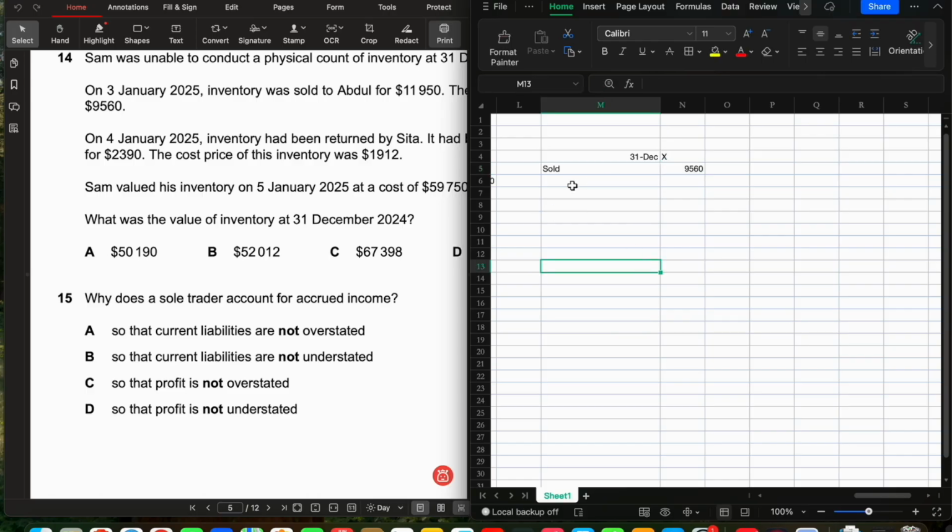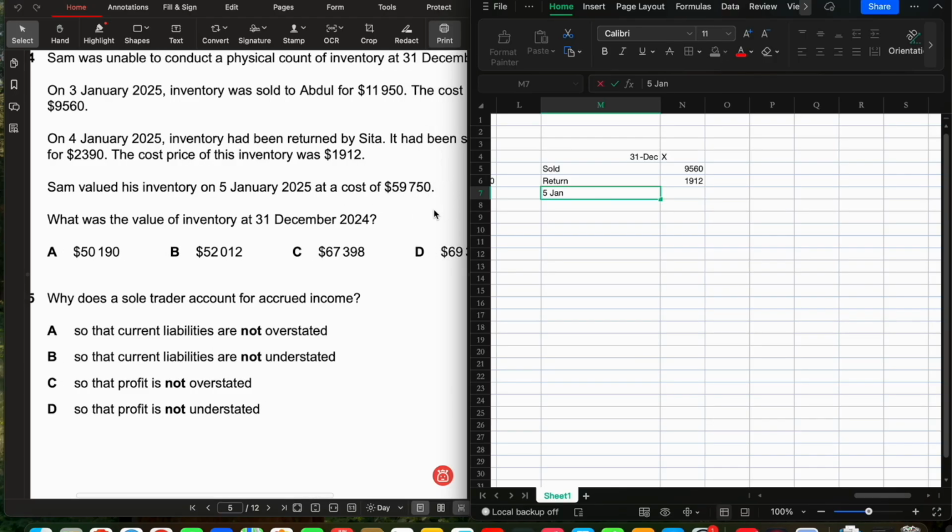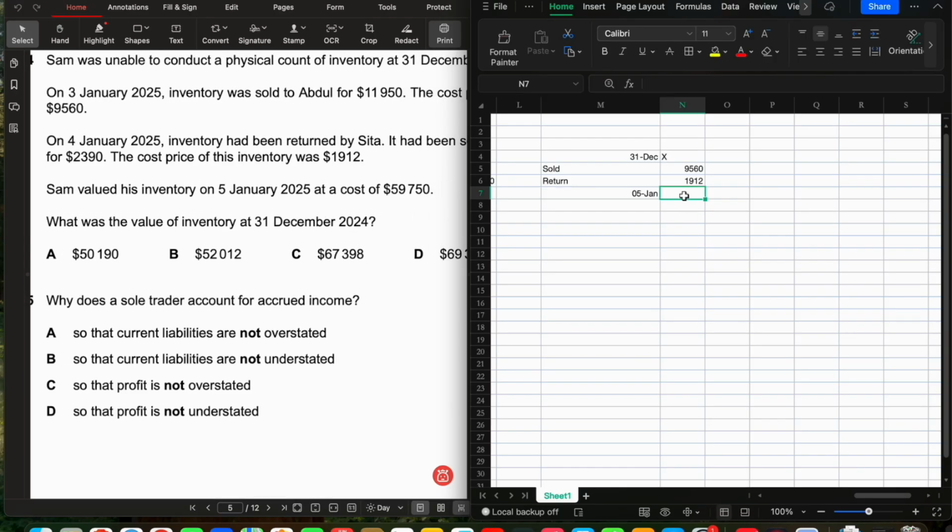And then on 4th, Sita returned the product, and the returned amount is 1,912. So after all this, the value of inventory on 5th January is calculated as 59,750.